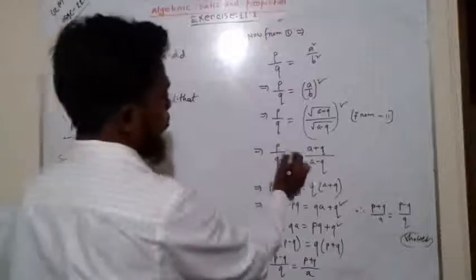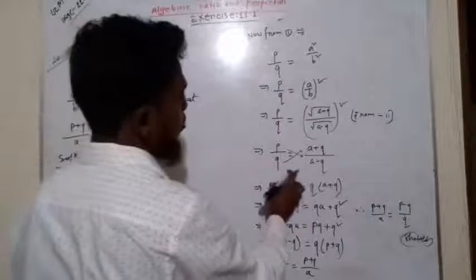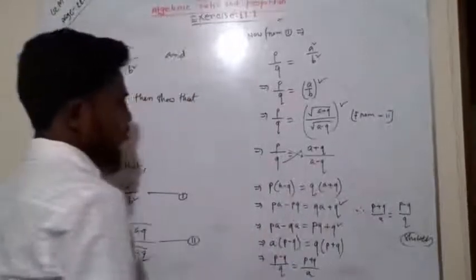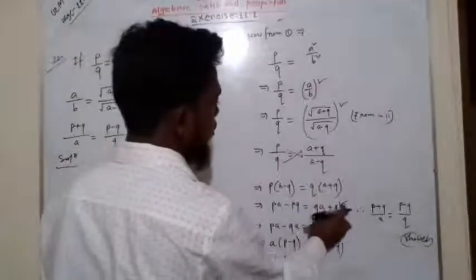Now we cross multiply this term: p(a - q) = q(a + q). So multiplying by p, pa - pq = qa + q².